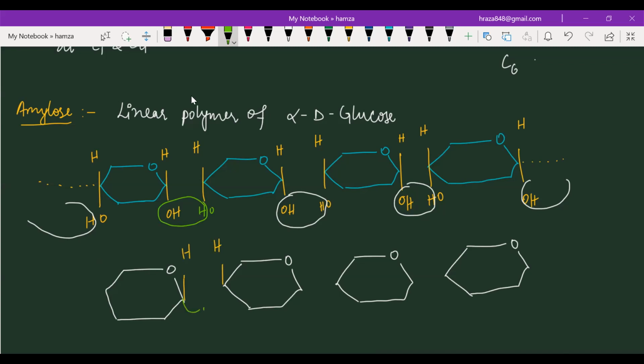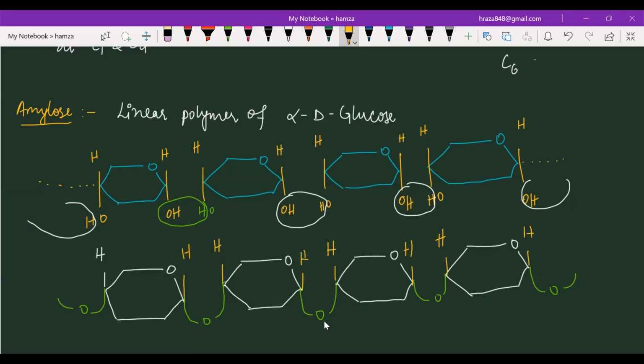There will be O, glycosidic linkage between these two. Again, there will be glycosidic linkage between these two, and again, and again, and again between these two. And there will be H, H, H, H, and so on.